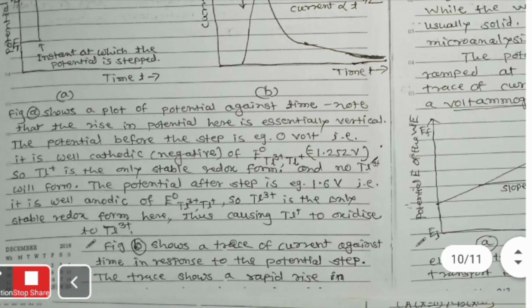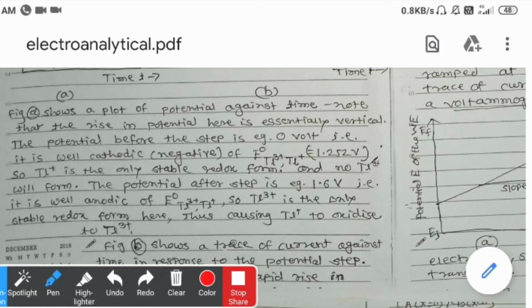Figure A shows the potential input against time. The rise in potential here is essentially vertical, meaning we are rapidly increasing the potential. The potential before this step is well cathodic or negative for thallium. For thallium it is minus 1.252.